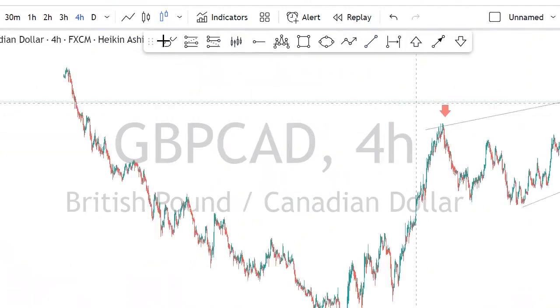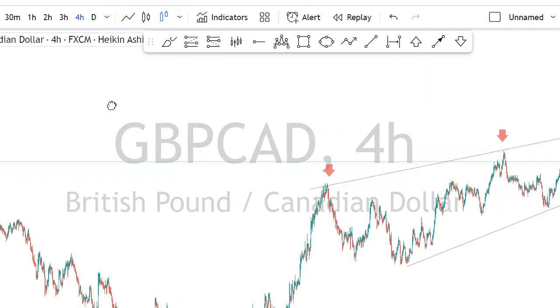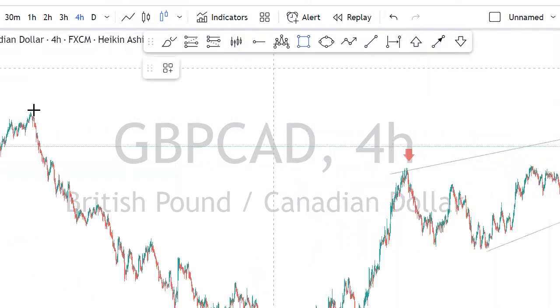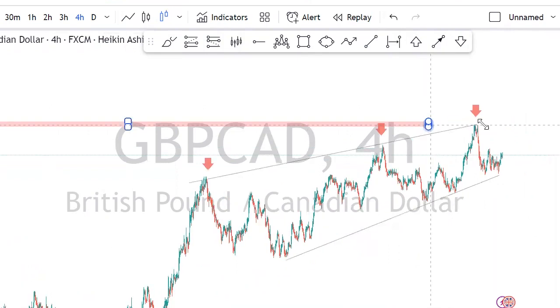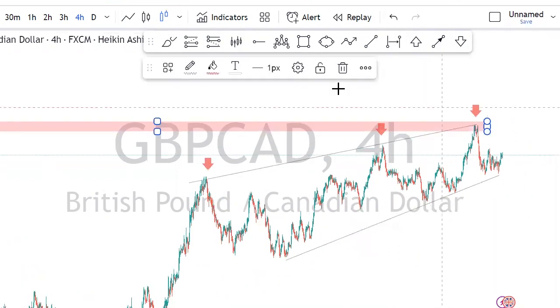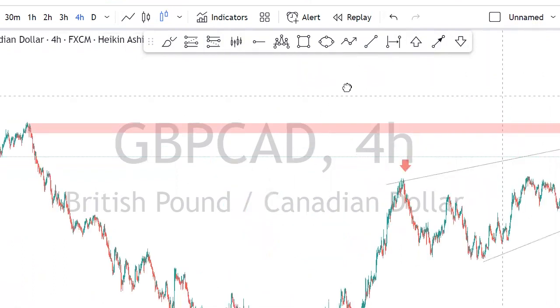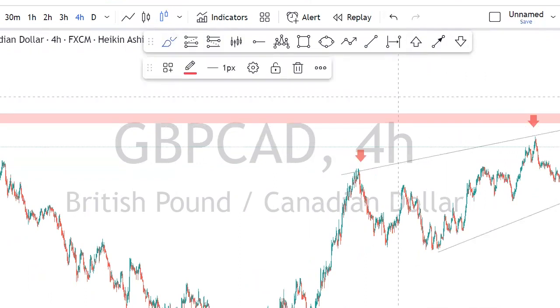So with this one, you can also, to validate the third touch as a rejection point, scale back and draw a horizontal line across from the previous highest high, and as you can see, it makes its way to this third touch right there, which means this is basically a double top right there and right here as well.